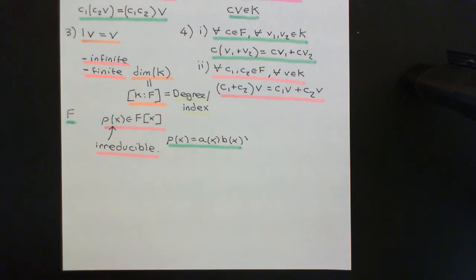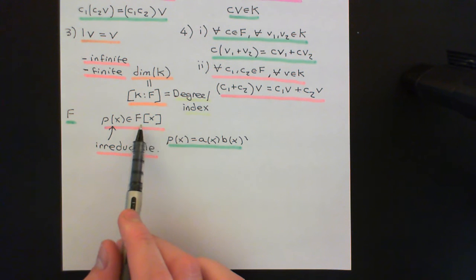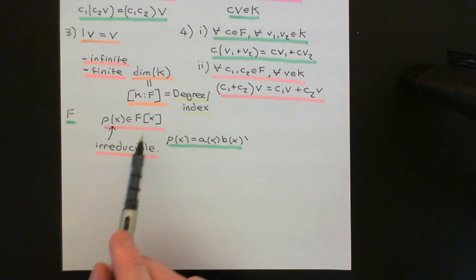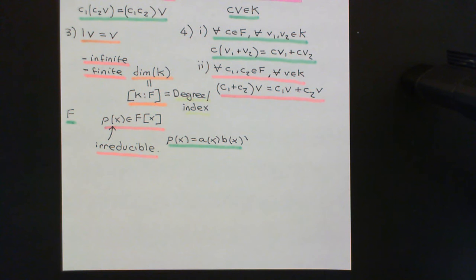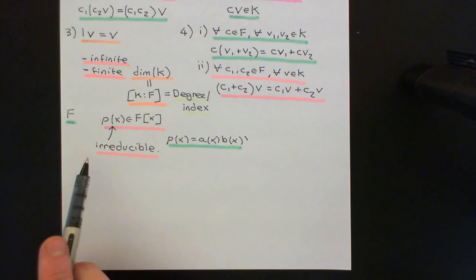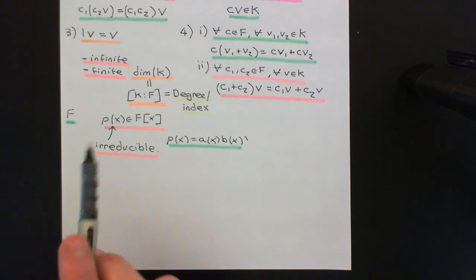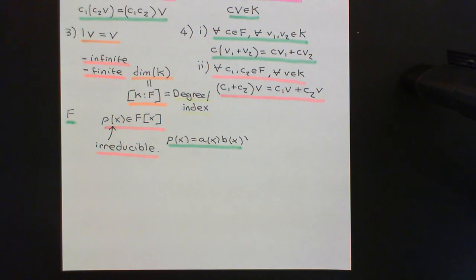The other part of the definition of irreducible is that you can't apply the definitions of irreducible and reducible to the zero element, the zero polynomial in this case, or the units, which in this case are the constant polynomials. So to even apply the definition of reducible and irreducible, you are only applying it to the non-constant polynomials. So the instant I'm saying it's irreducible, you can assume that it's a non-constant polynomial.